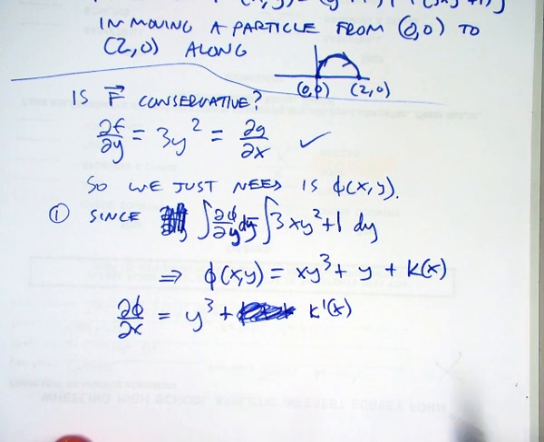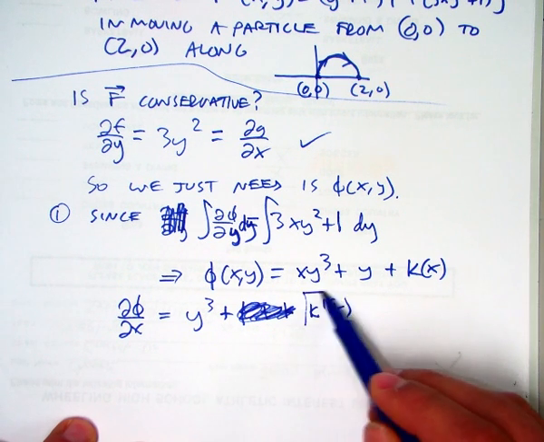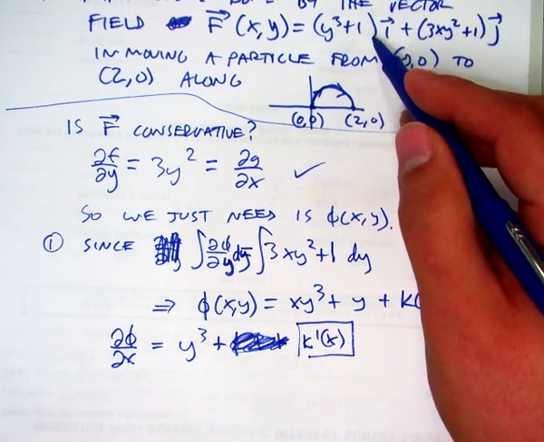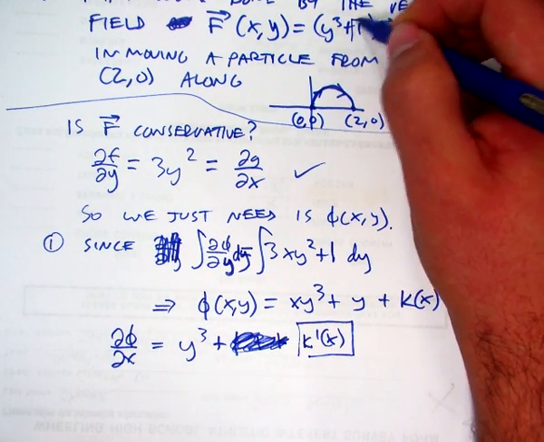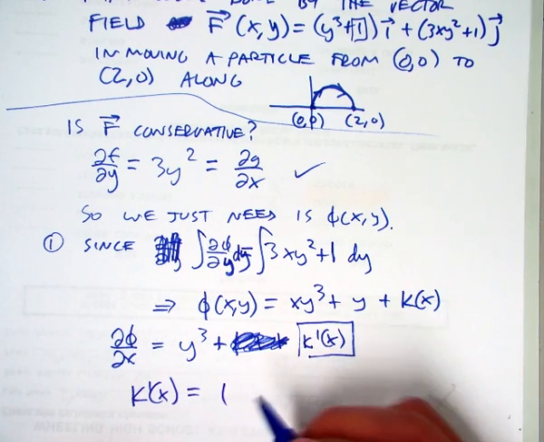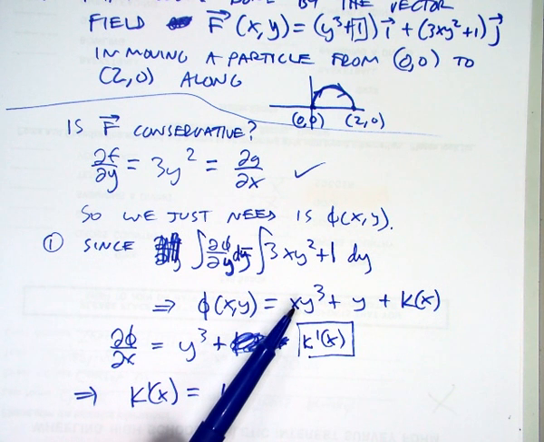So now what does this mean? So k prime of x has to match what's up here, 1. How did you get just y cubed? Because the derivative of x is 1. Y cubed is just a constant.